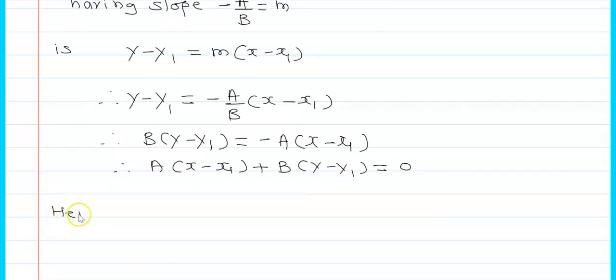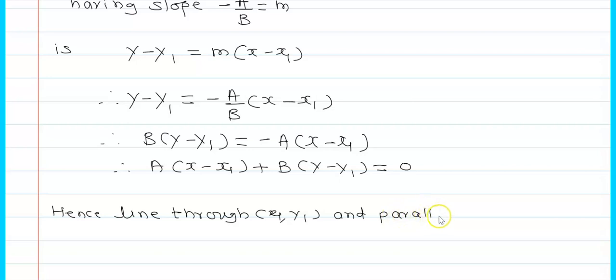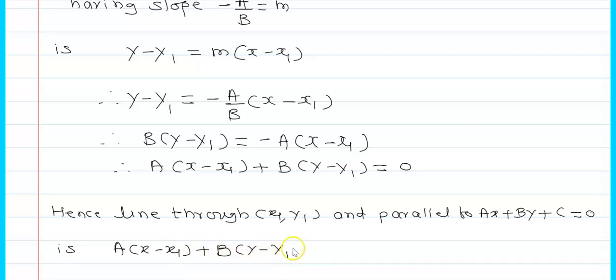Hence the line through x1, y1 and parallel to ax plus by plus c equals to 0 is a in bracket x minus x1 plus b in bracket y minus y1, and that's equal to 0. This is the answer.